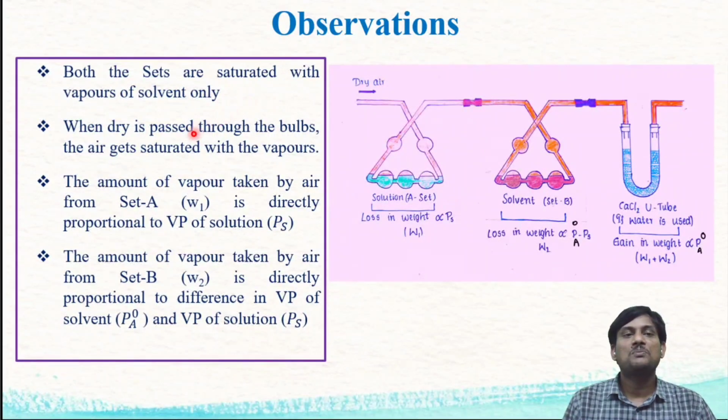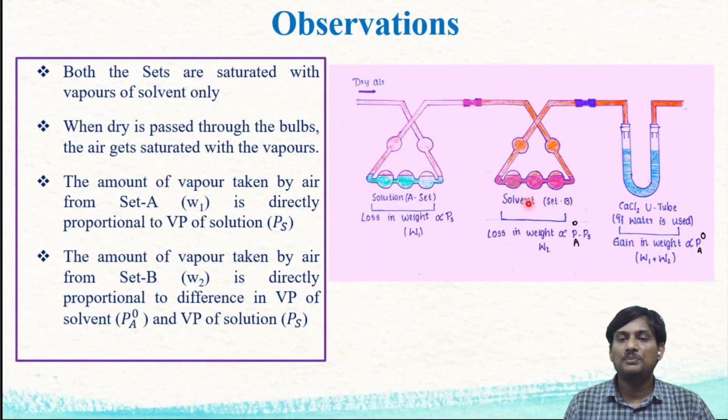The first observation: both the sets are saturated with the solvent only. In set A, the solution, the bulbs are saturated with the volatile solvent molecules. In set B also, the bulbs are saturated with the solvent molecules.